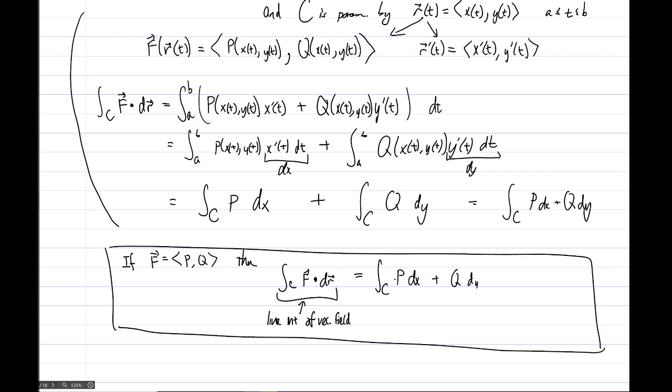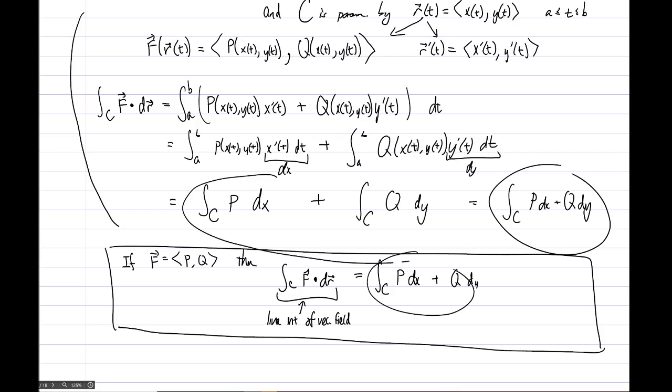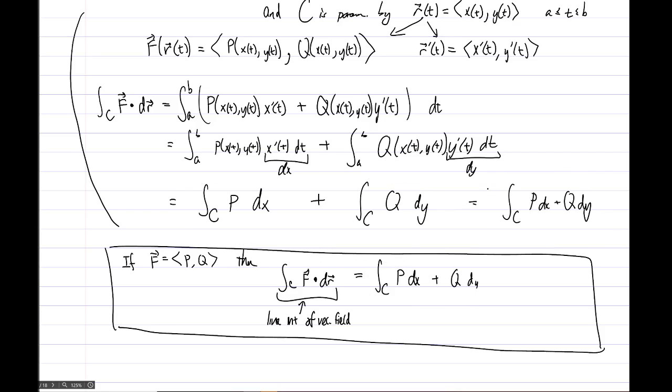And again, this is just the shorthand notation you see here. It's really this. But what is this? This is the line integral, or line integrals, maybe technically plural in a sense, because there's really two of them. It's the line integrals of scalar functions P and Q, right? You're integrating P here, you're integrating Q there, with respect to the coordinate axes.